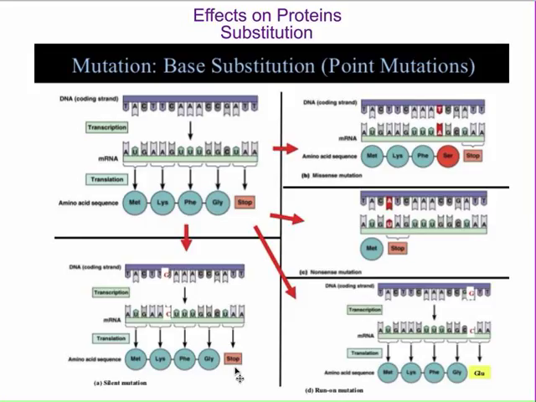So a mutation could happen, and the organism would show absolutely no effects because the protein ended up being exactly the same. And it doesn't really matter in the end.